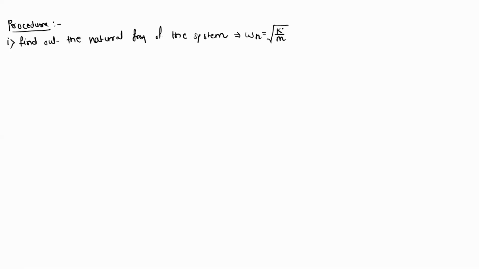So k is the stiffness of the spring and m is the total mass including the mass of the motor. So here for m, we can write m total. It is the total mass including the mass of the motor.